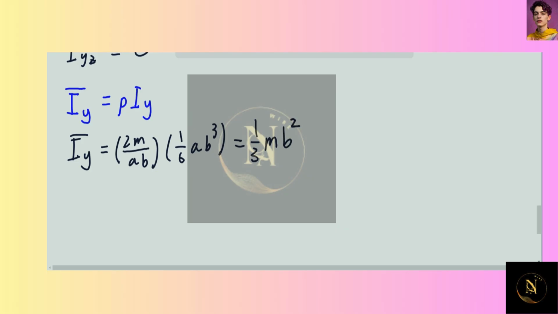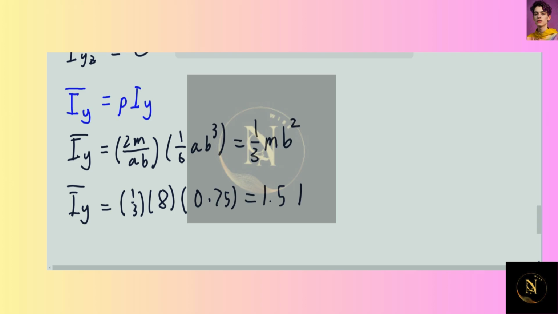So we can plug in m and we can plug in b. So now I of y is equal to 1 over 3 times 8 times 0.75, and this becomes 1.5 kilogram meters squared.